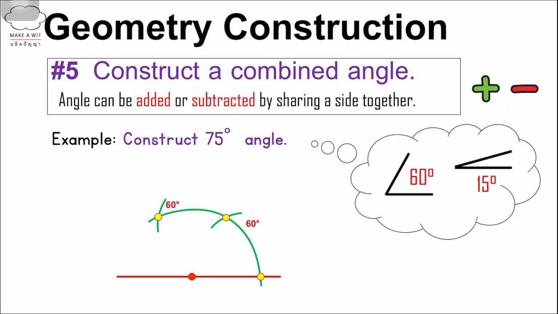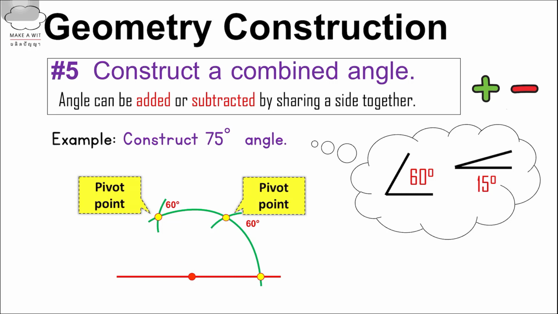It's another 60. Guess what? It will be 120 degrees already. It's like you have one triangle over here, and this is an equilateral triangle, and next is another equilateral triangle. Two triangles, so 60 and 60 will be 120, right?